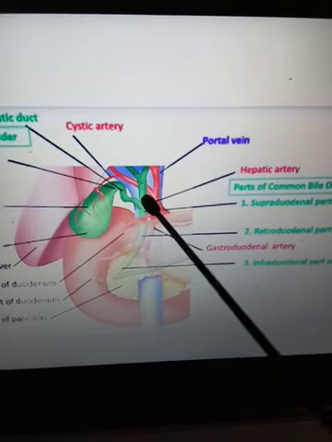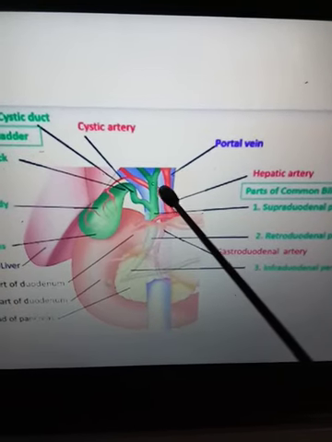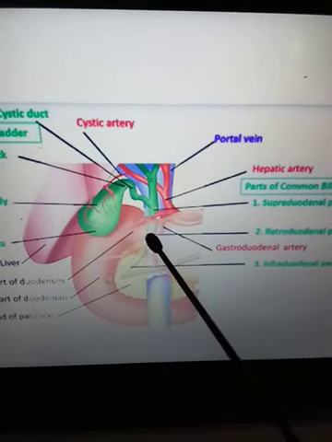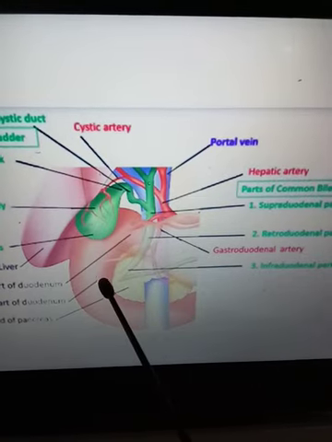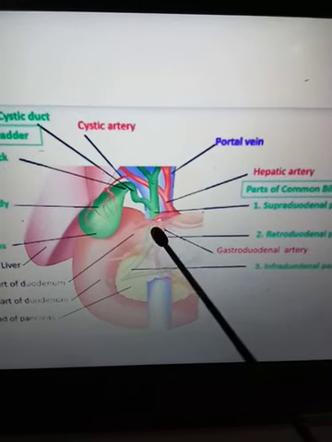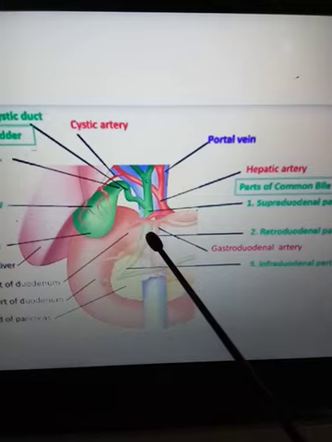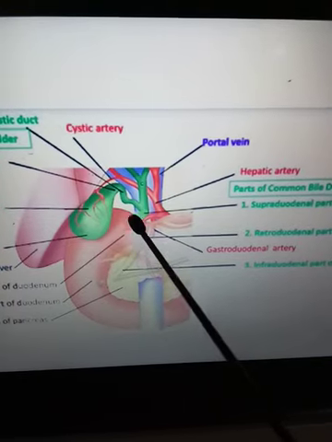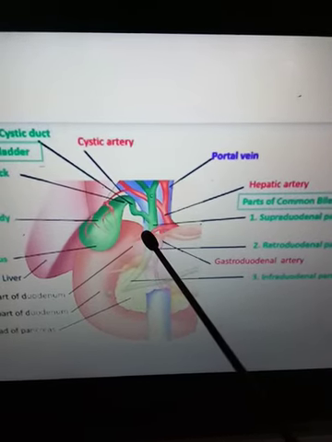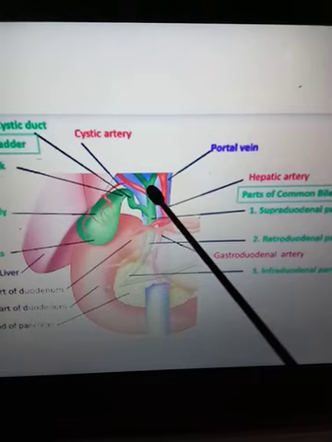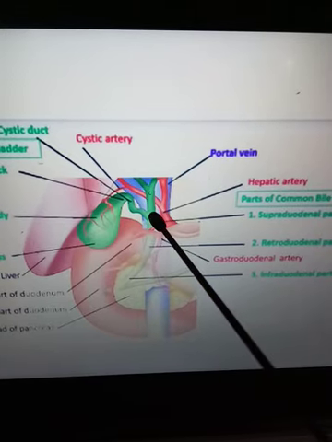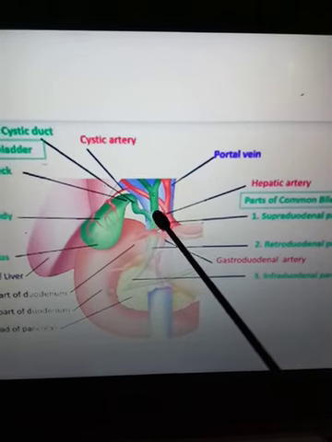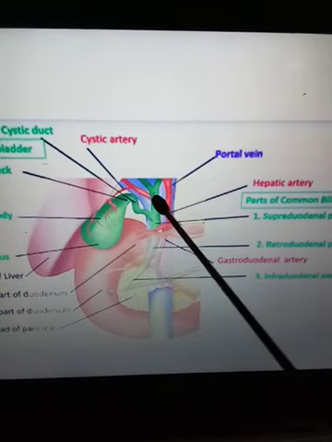Again we will discuss the course. Course is divided into four parts: supraduodenal, retroduodenal, infraduodenal and intraduodenal. Supraduodenal is above the duodenum. यहाँ पे एक foramen of Winslow होता है, उसके साथ margin होता है lesser omentum का. This part is along the margin of the lesser omentum.